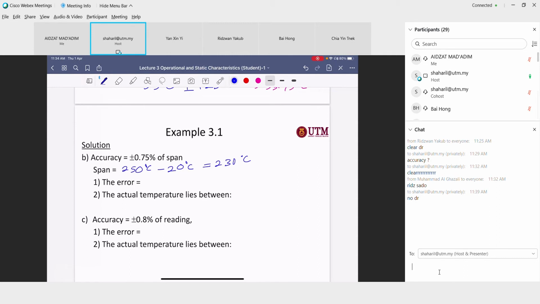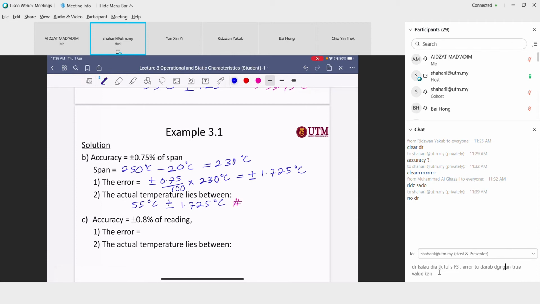Then the error is plus minus 0.75 over 100 times the span of 230 degree, which gives around plus minus 1.725 degree. Then your temperature is 55 degree plus minus 1.725 degree. Okay, this is the answer.